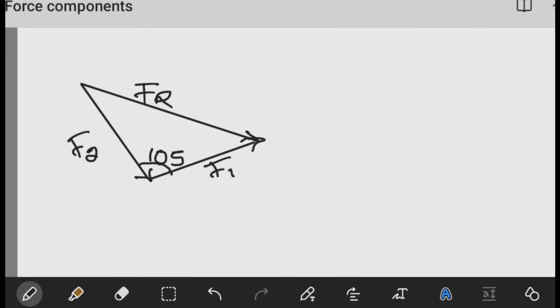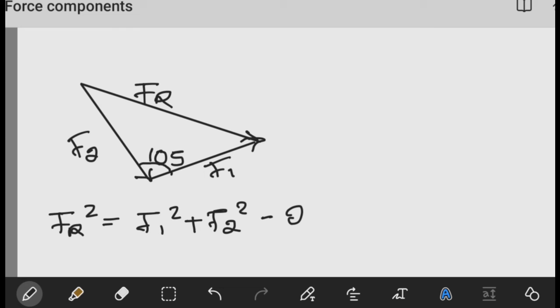So from the cosine rule, we have Fr squared is equal to F1 squared plus F2 squared, the two sides that sandwich the angle, the two sides that put the angle between, then minus 2 multiplying the same two sides, F1, F2, then cos the angle between F1 and F2, which is 105.